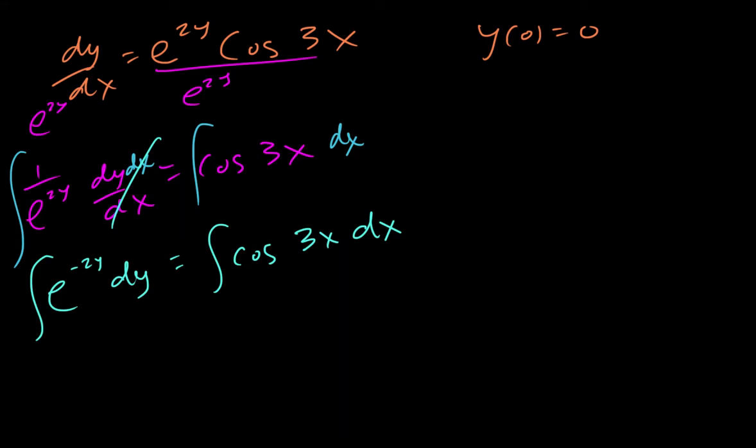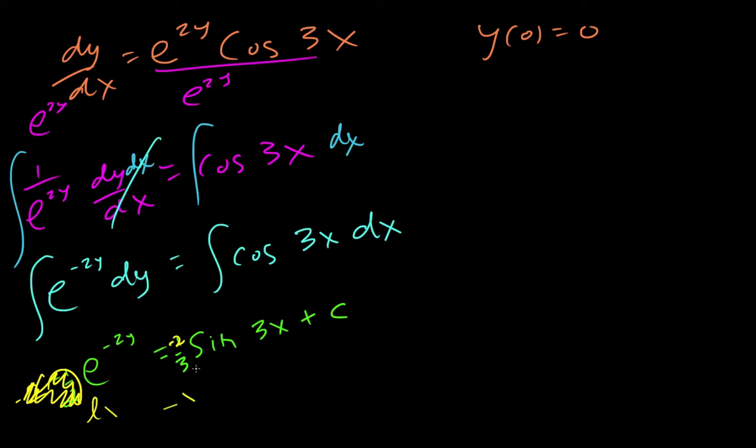Okay. Now, if we take the antiderivative, we rewrite it, and then divide by the derivative of the inside. So we end up with that. The antiderivative of cosine is sine. And then we divide by the derivative of the inside, and we have our plus c. And then we just do some algebra. We're going to times by negative 2, which will bring a negative 2 right there. And then we'll need to take the natural log of both sides.